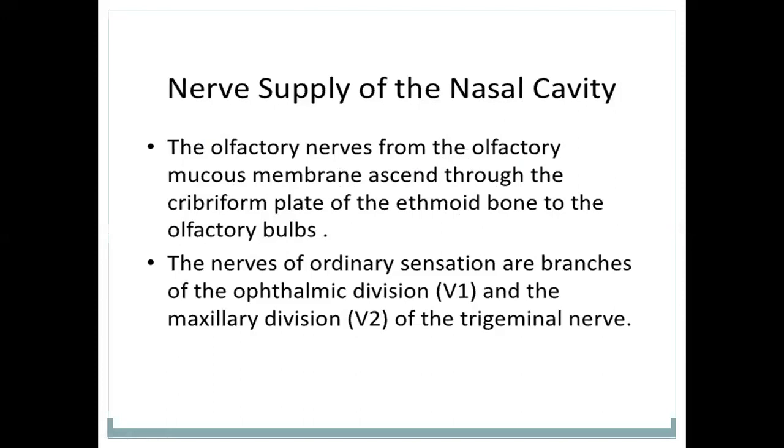From there, the olfactory nerves go up from the nasal cavity through the cribriform plate into the anterior cranial fossa, where the olfactory bulb is present. This I will show you in a while. The nerves of ordinary sensation are given by the ophthalmic division and the maxillary division of the trigeminal nerve.